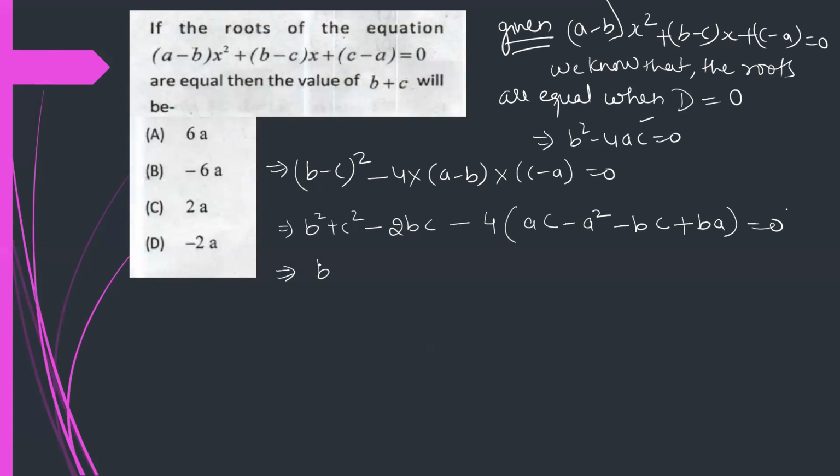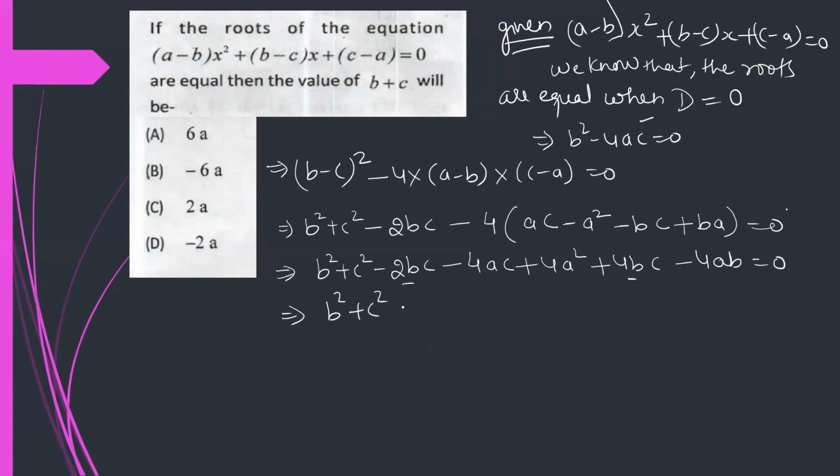Further, it can be written as b square plus c square minus 2bc minus 4ac plus 4a square plus 4bc minus 4ab equals 0. Further, as you can see, minus 2bc plus 4bc. So b square plus c square plus 2bc minus 4ac minus 4ab plus 4a square equals 0.